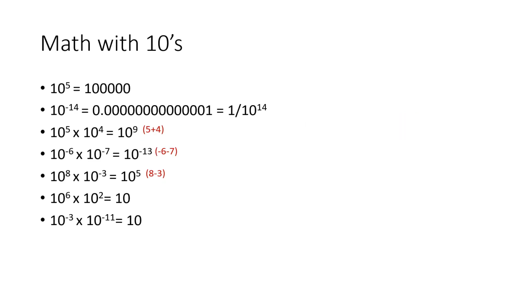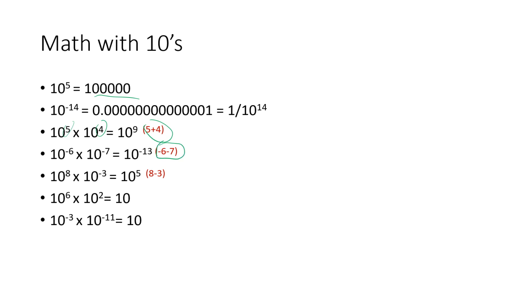So just remember math with tens. 10 to the fifth would have 5 zeros. 10 to the minus 14, you move that decimal place 14 places this way. So it's 1 over 10 to the 14th. If you multiply 10 to the 5th times 10 to the 4th, you add up your exponents. We did this at the beginning of the year. 10 to the minus 6 times 10 to the minus 7, you still add your exponents, even though they're negative.